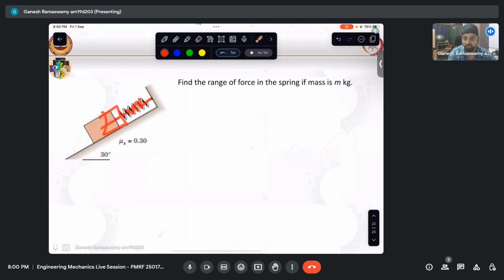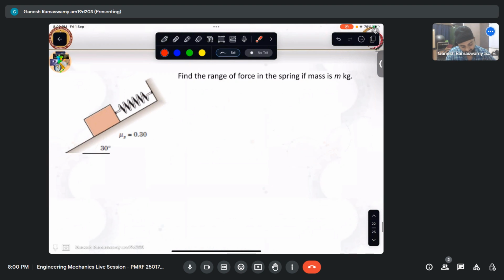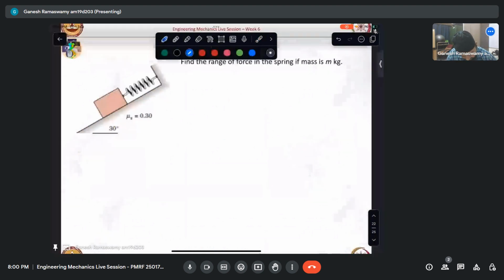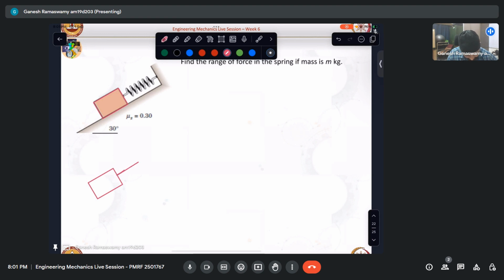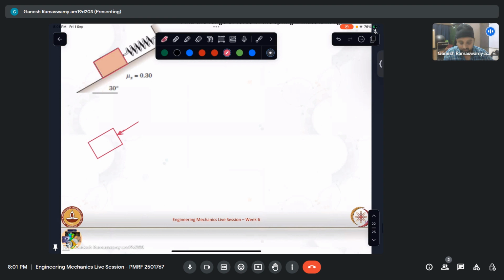So the first position, let me draw the free body diagram. In the first case, spring is actually compressed. So spring force, and then I have mg sine 30. This is mg cos 30.